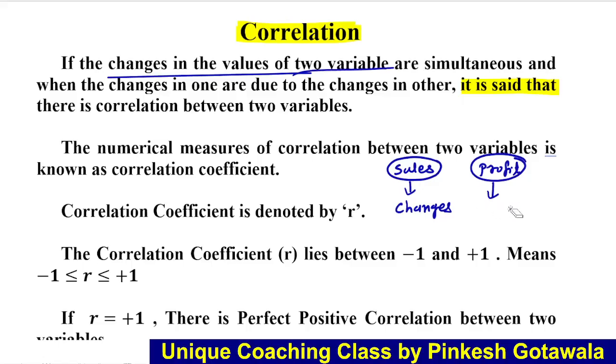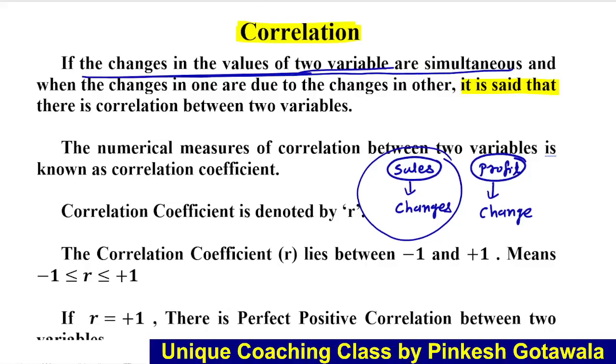Okay, if there is a change in sales, there must be a change in profit. Okay, both are changing simultaneously, means કે એક સાથે changes થશે. So if the changes in the value of two variables are simultaneous, means કે એક સાથે changes થશે. જો sales માં changes થશે તો એની સાથે common છે profit માં બી changes થવાનો છે. Sales increase, profit increase, sales decrease, profit decrease.